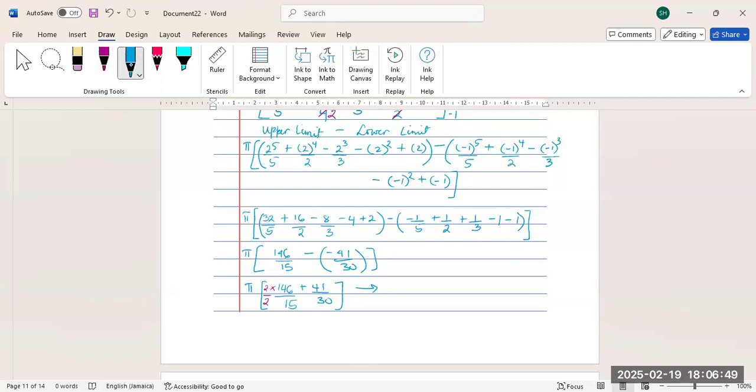So my LCM is still 30. 146 times 2 is 292 plus 41, that's 333.